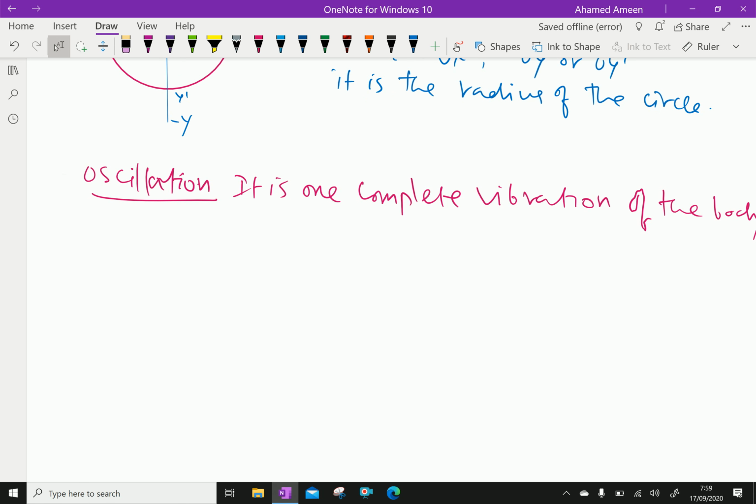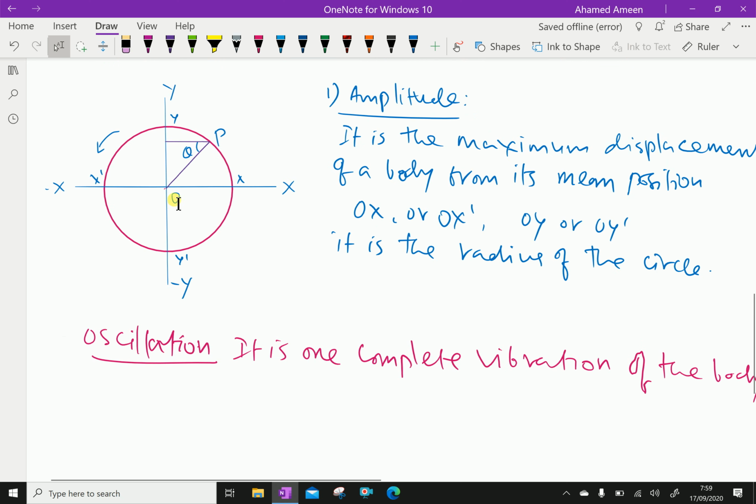When a body moves from O to Y dash, then Y dash to O, and O to Y, that means from the center to one extreme, back, then to the other extreme, and back to the original position at the center.